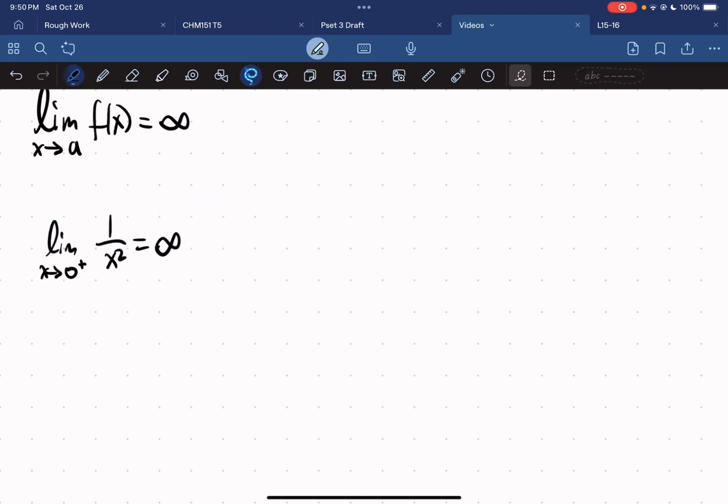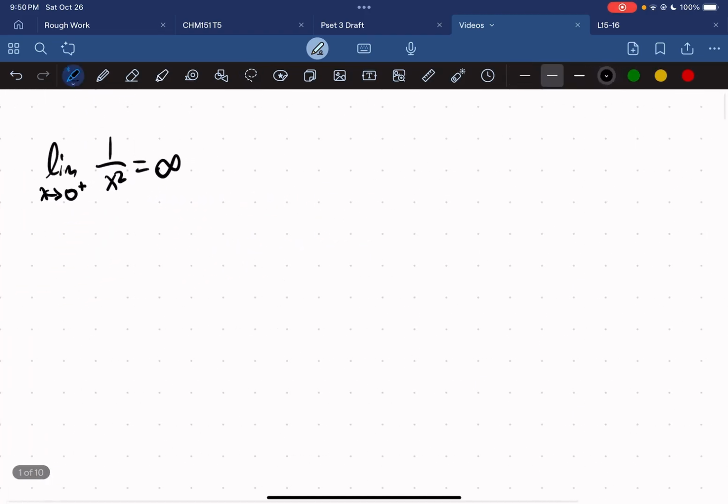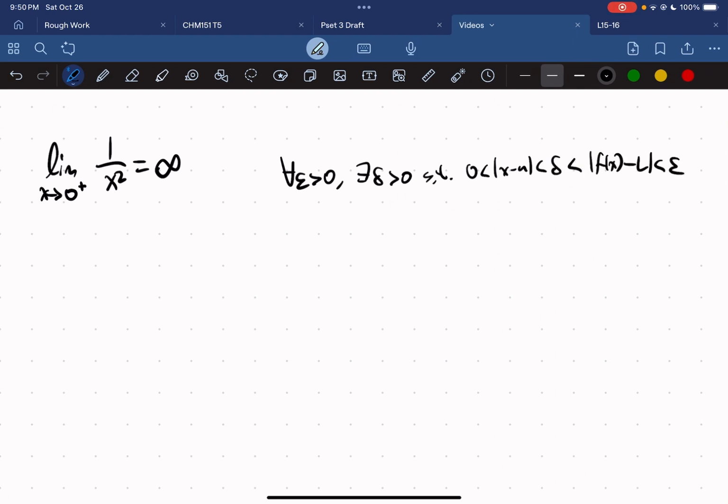And this time I'll actually run through the definition because it's a little different compared to normal epsilon delta proofs. So we know the normal one is this, right? This is the normal epsilon delta proof. Since this is coming from the right, we can remove these absolute values.